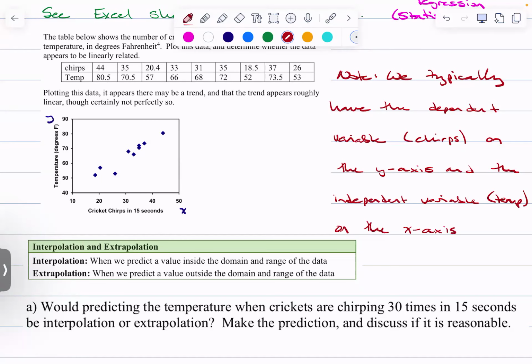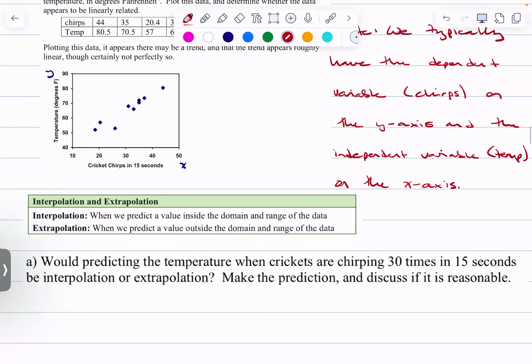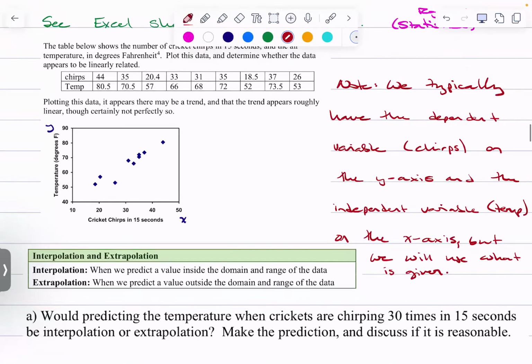But we're just going to move through with what we have. But we will use what is given, even though it pains me.